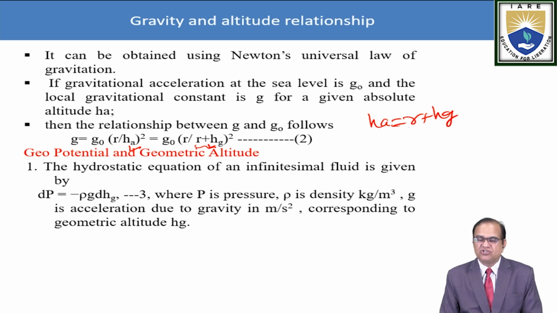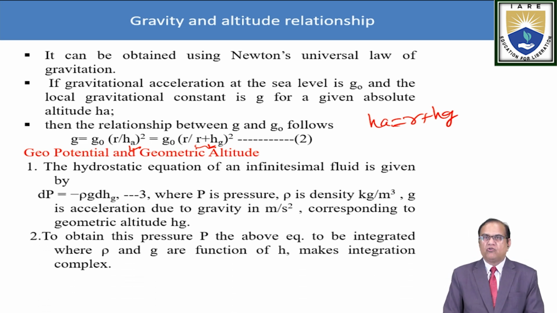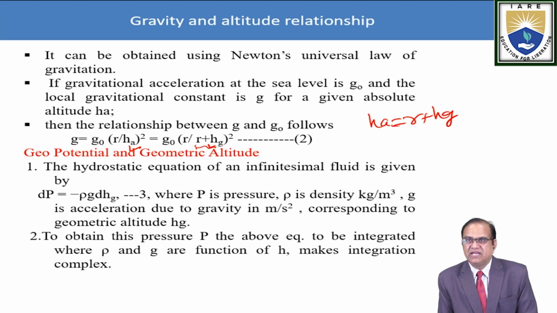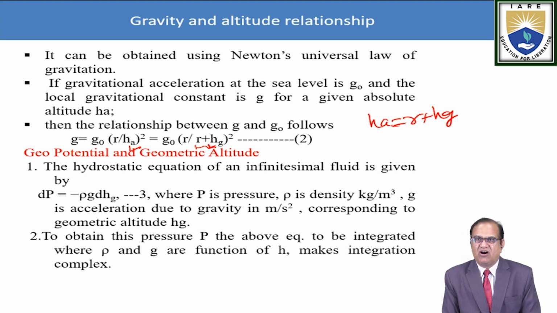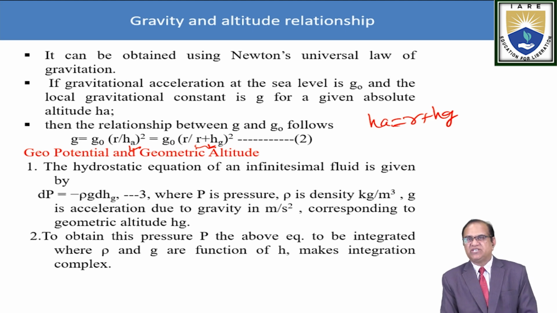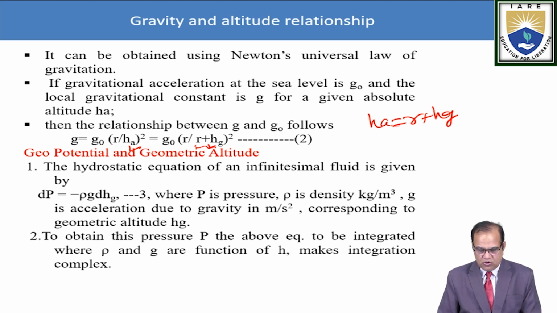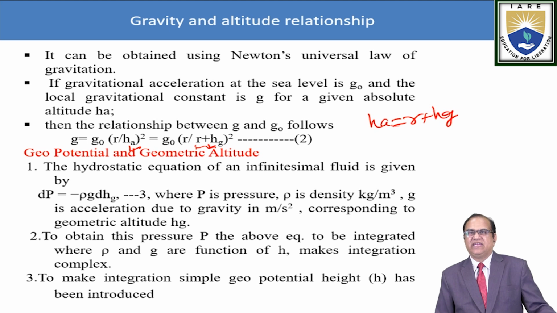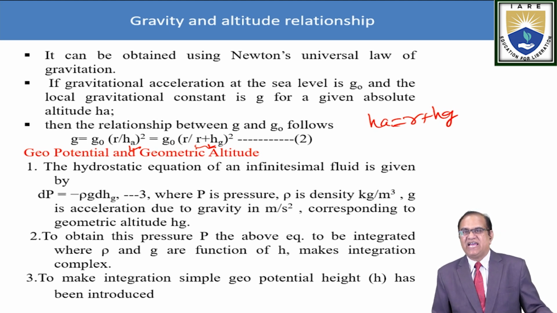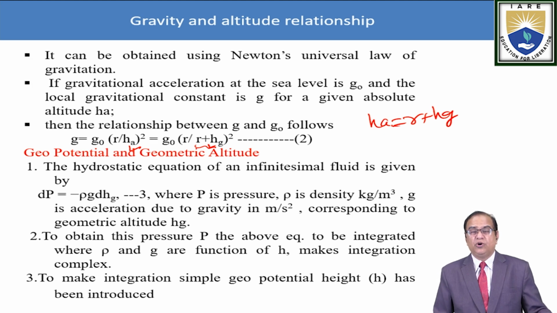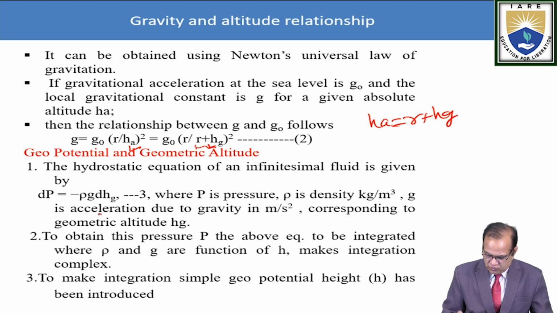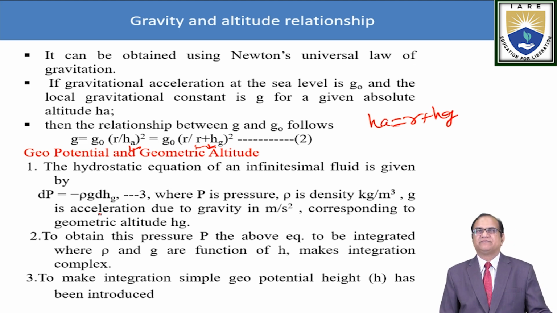To obtain the pressure p, the above equation has to be integrated, where rho and g are functions of h, which makes the integration complex. So, to make the integration simple, geopotential height h has been introduced. So, instead of hg, we will now use the geopotential height.